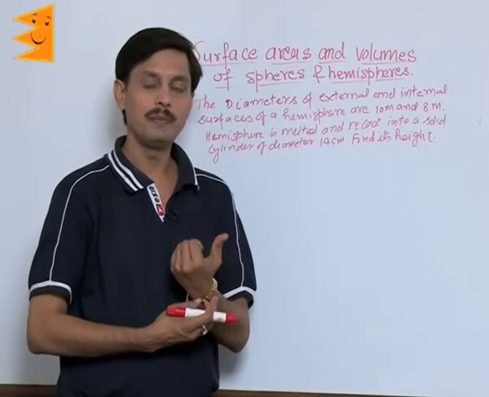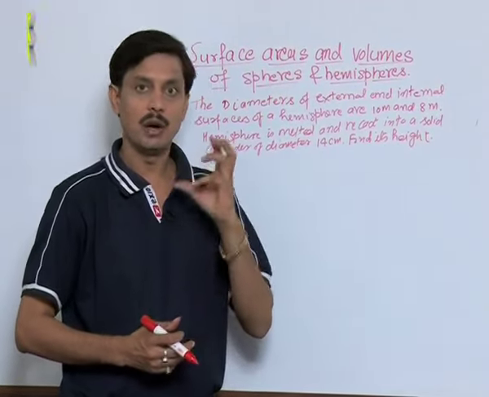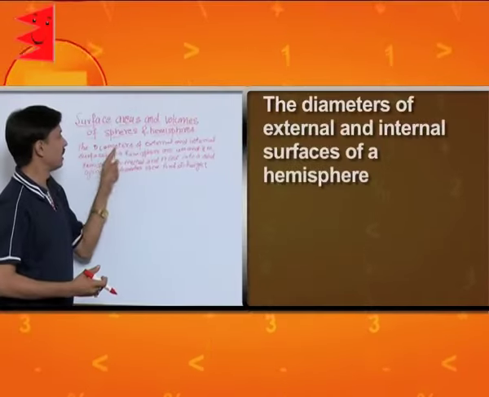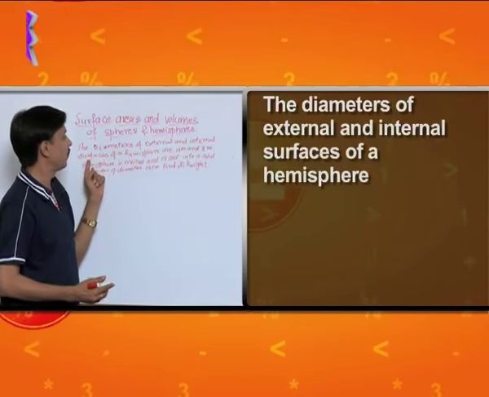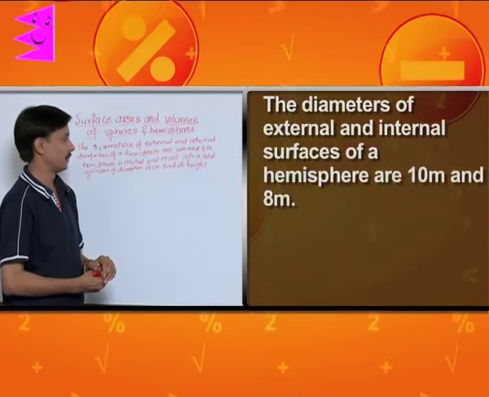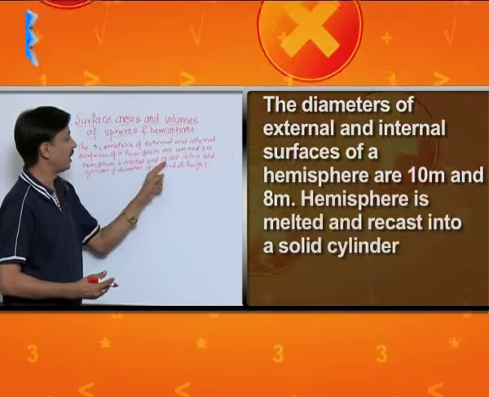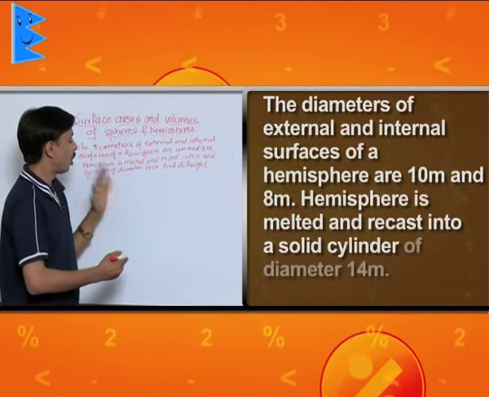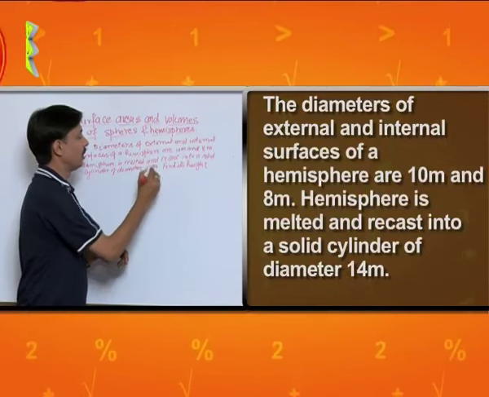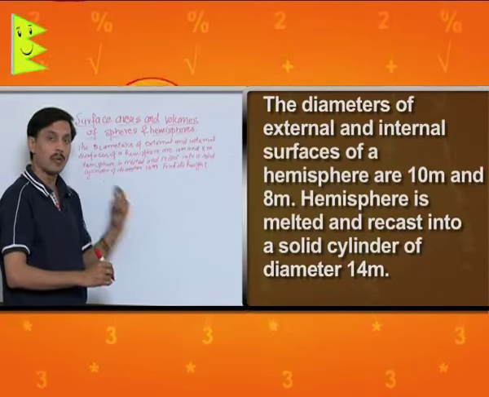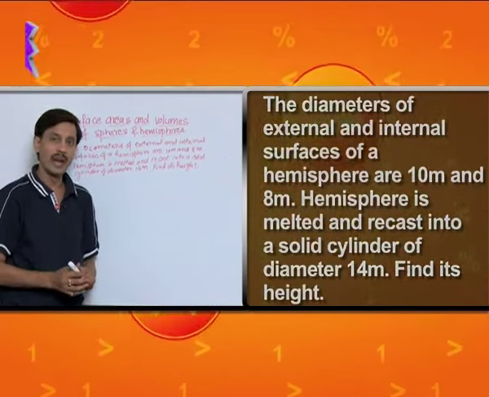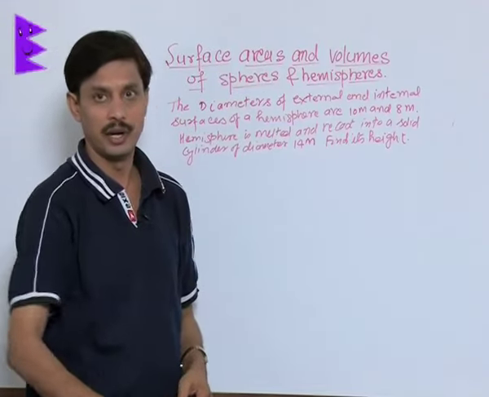Now one more problem based upon recasting of a hemisphere to convert it into some other shape. The diameters of the external and internal surfaces of a hemisphere are 10 meter and 8 meter. The hemisphere is melted and recast into a solid cylinder of diameter 14 meter. Find its height, that means find the height of the cylinder.